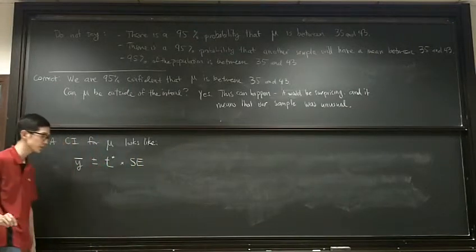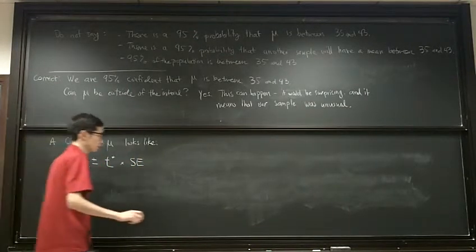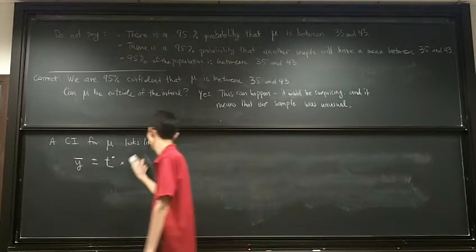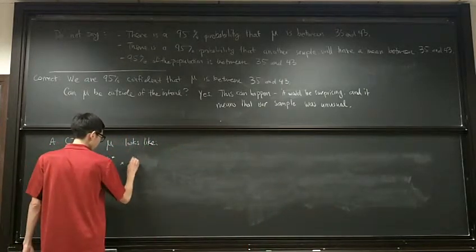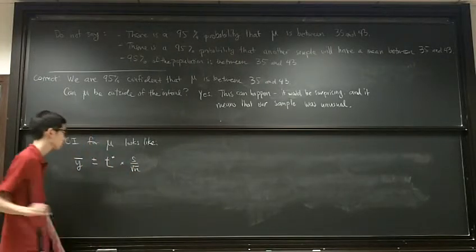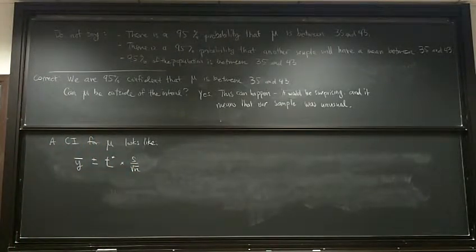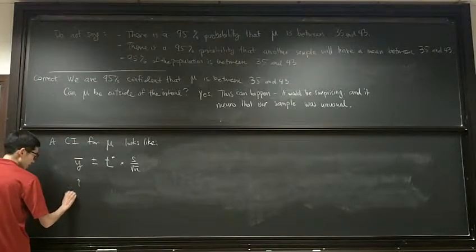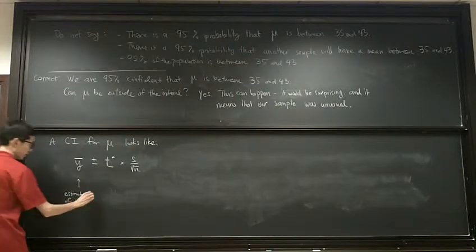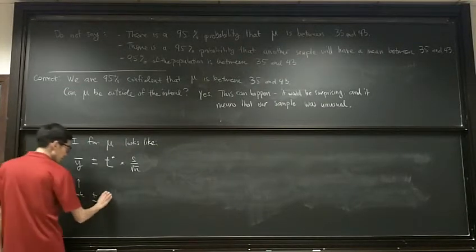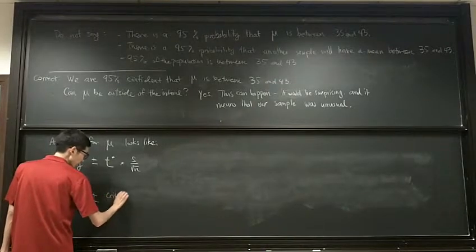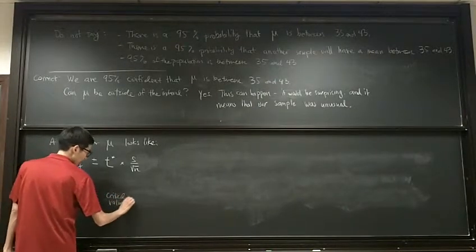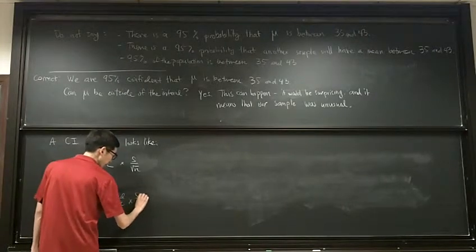The standard error was s over the square root of n. Let me rewrite this and just say y bar is the estimate of mu, and plus or minus, this is a critical value from the t distribution, and this over here is our standard error.